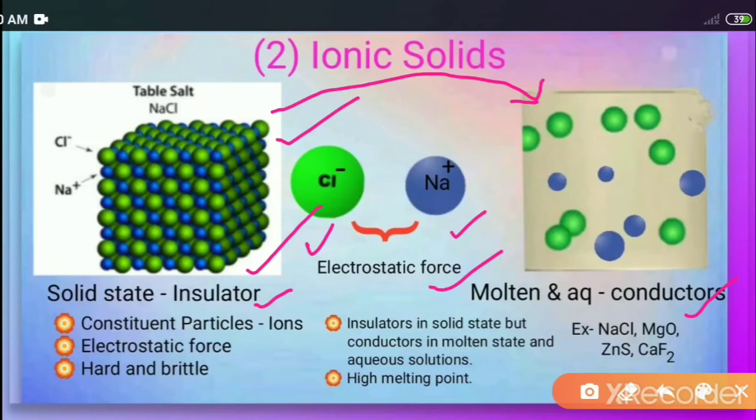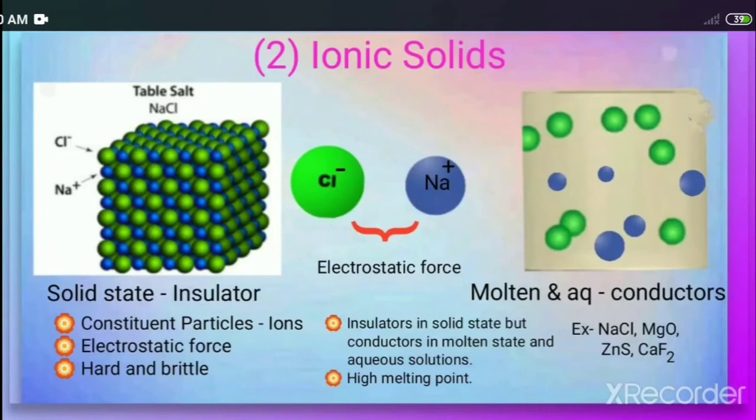They are usually hard and brittle and have high melting point. Further examples are MgO, ZnS, CaF2. So this is about ionic solids.